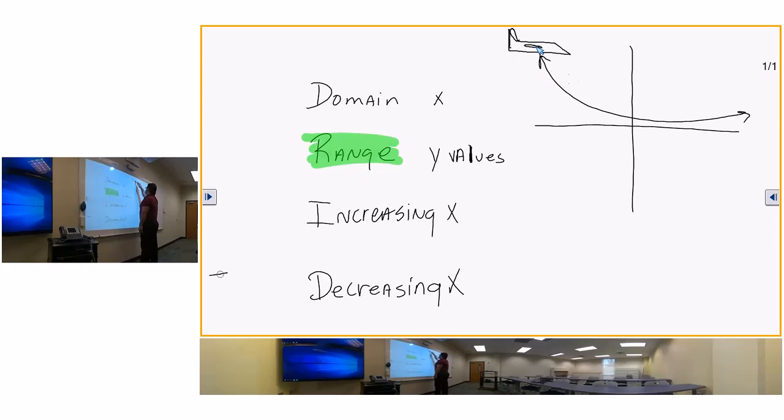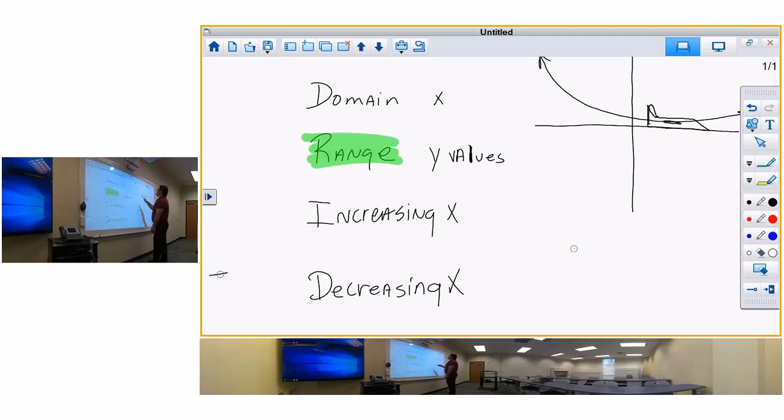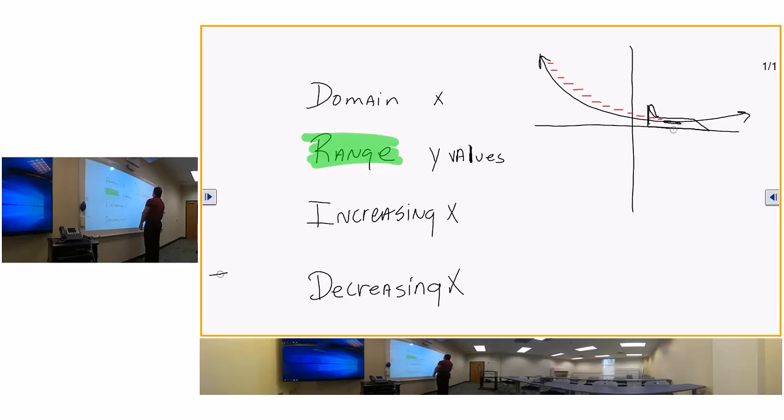So from this point right here to maybe this point right in here, it's decreasing. So we're going to take our handy-dandy red pen and we're going to say, okay, from here to here, we're decreasing. We're going downhill till we get to that point right there.